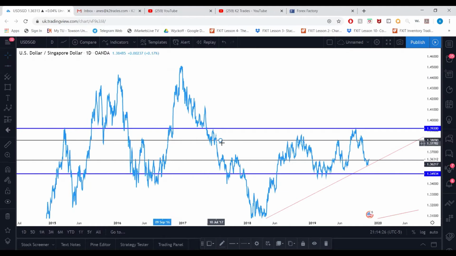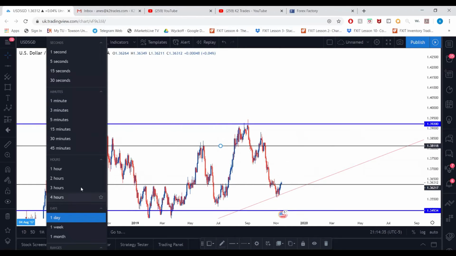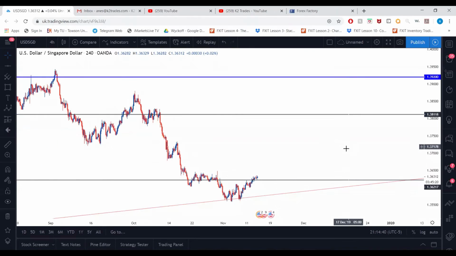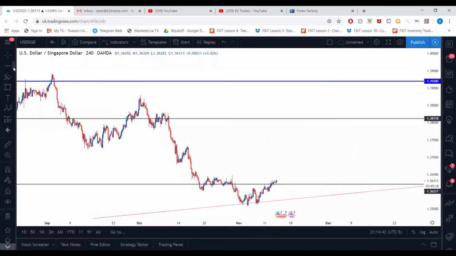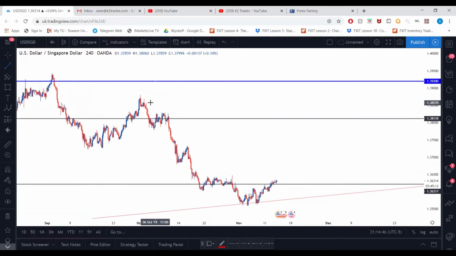Yeah, this actually looks like a good buy. Let's just see this on a smaller time frame. It's all the way down. What pair are we looking at? US dollar against Singapore dollar. Thank you. You're welcome.